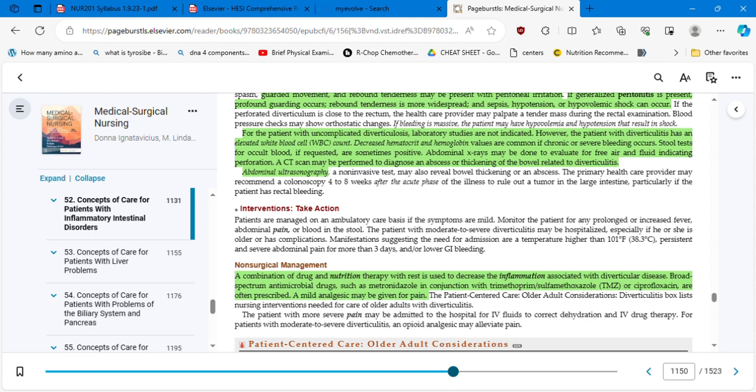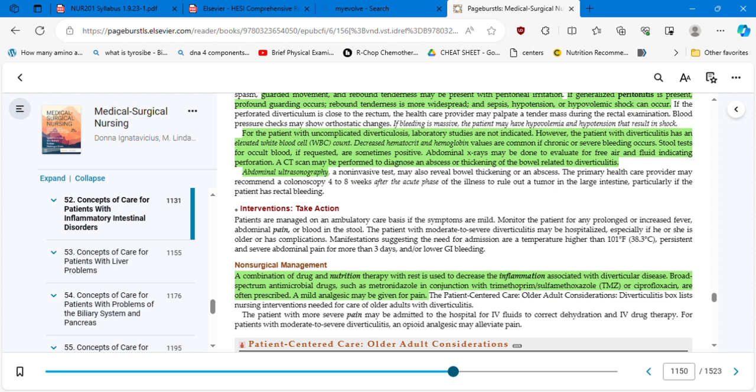Abdominal X-ray may be done to evaluate for free air and fluid, indicating perforation. We know that as well. Perforation is indicated when the abdominal X-ray is showing free air and fluid. A CT scan may be performed to diagnose an abscess or thickening of the bowel related to diverticulitis.